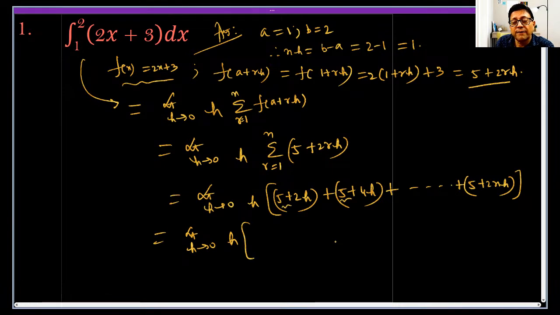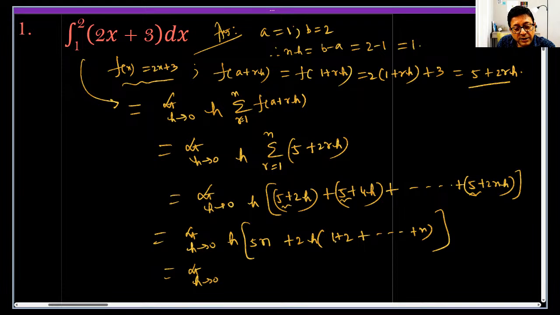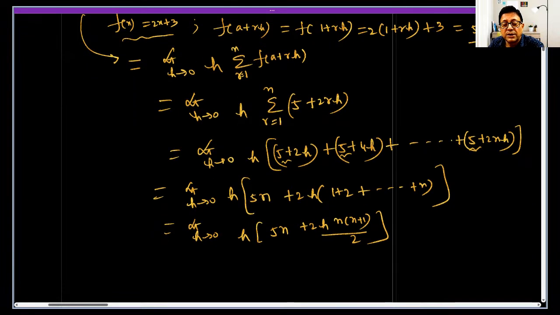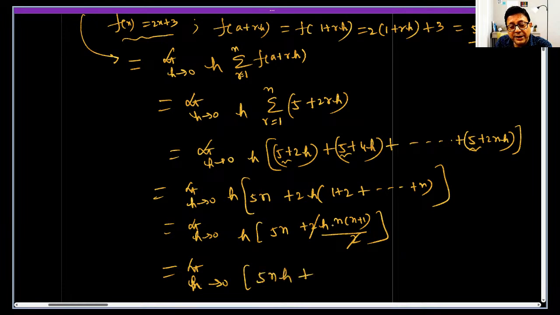How many 5s are there? n. Then 2h common, 1, 2, 3 up to n. The 2 gets cancelled, giving 5nh plus, and this h also you take inside.